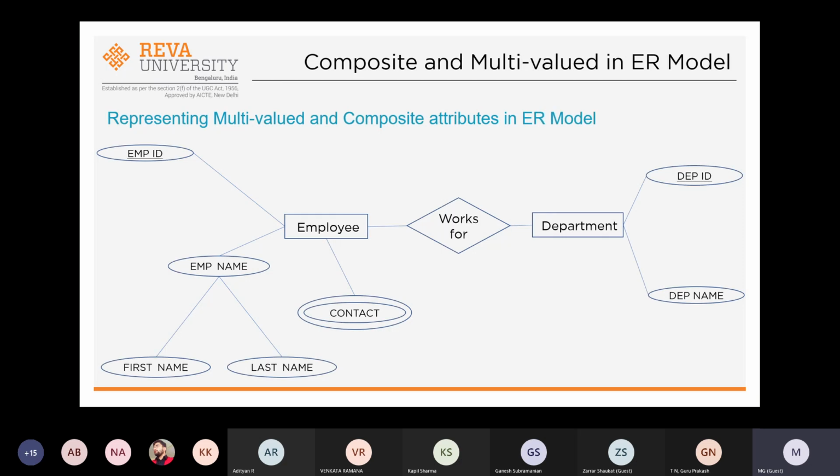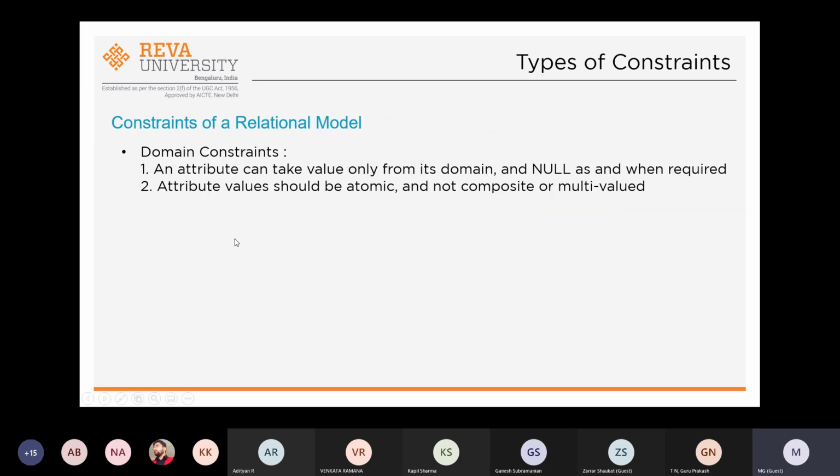When this employee table is built out of this ER model as a relational model table, your employee should contain first name and last name as the attributes. It shouldn't have employee name as the attribute, because your domain constraint says that the attribute values should be atomic.